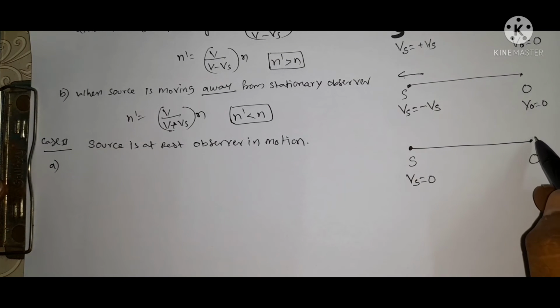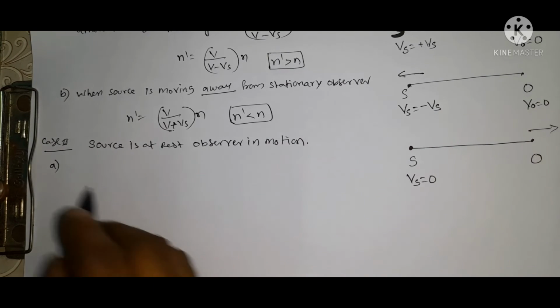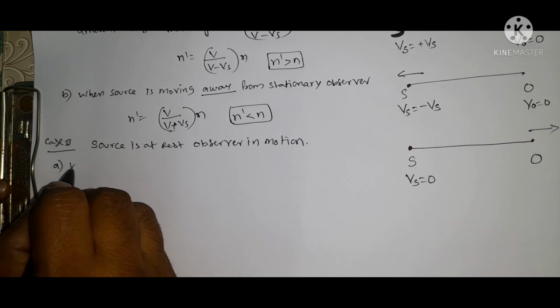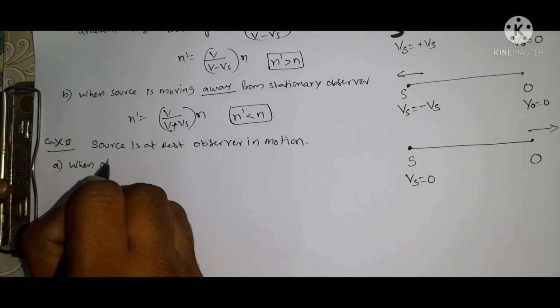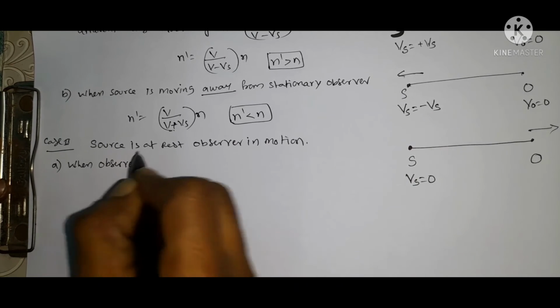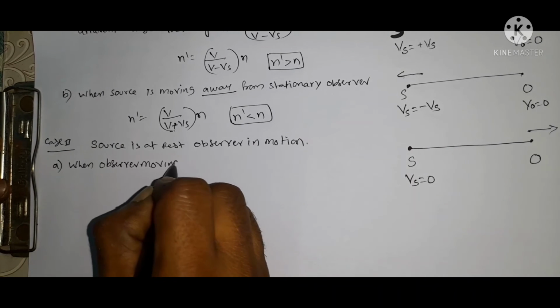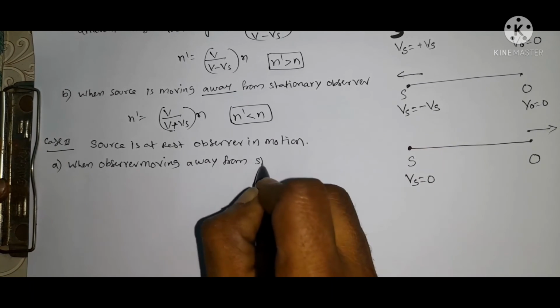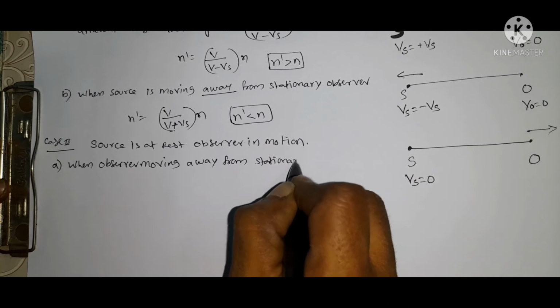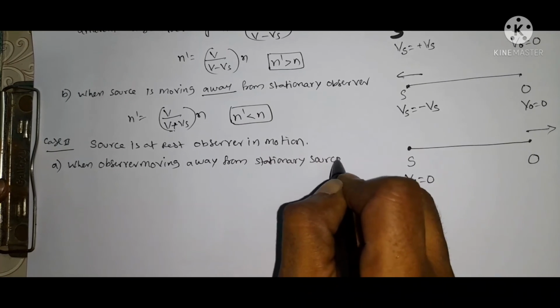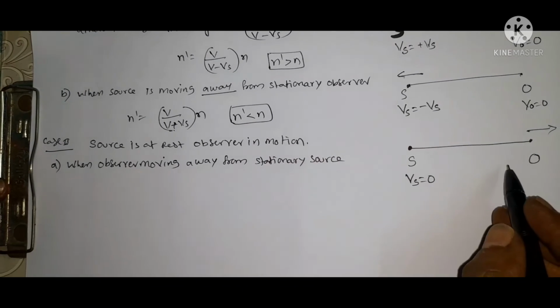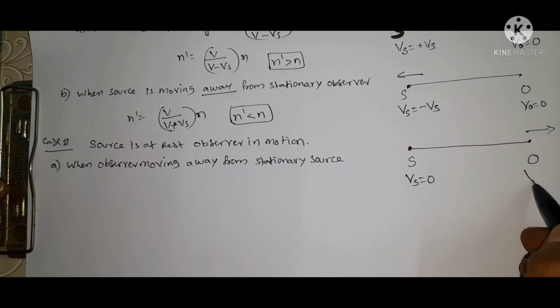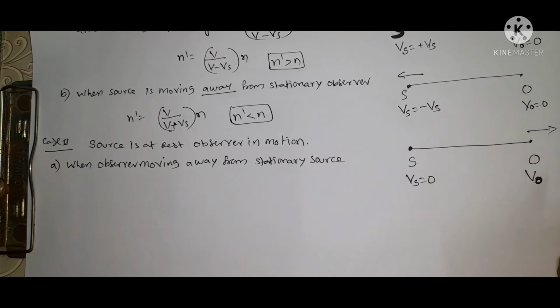Now in this case A, when the observer is moving away from a stationary source, the velocity of the observer is V0, moving away in the positive direction, so plus V0 only.